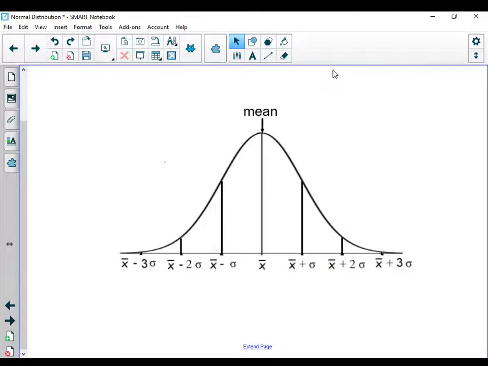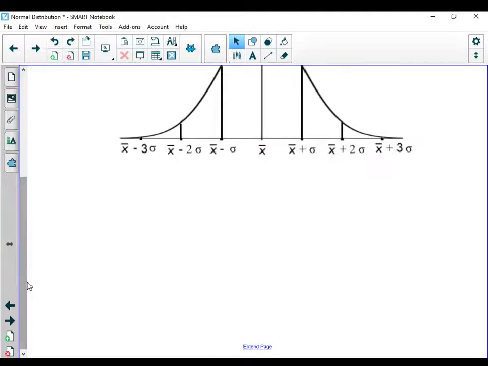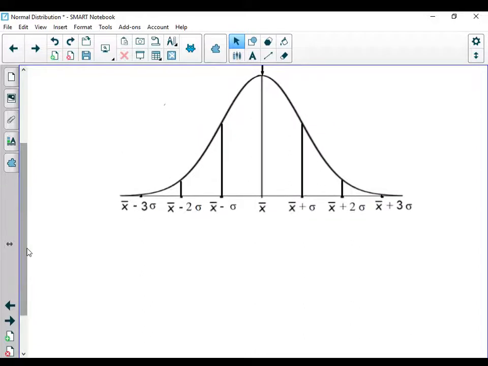But that is exactly what we're doing here. It's saying here's your average, add a standard deviation, add 2 standard deviations, add 3 standard deviations. So much easier to just say keep adding 5 and keep subtracting 5.